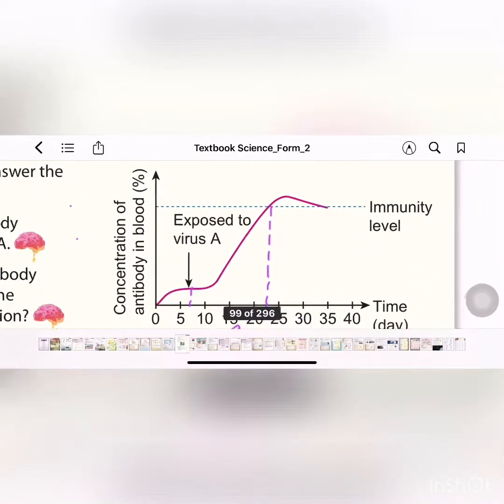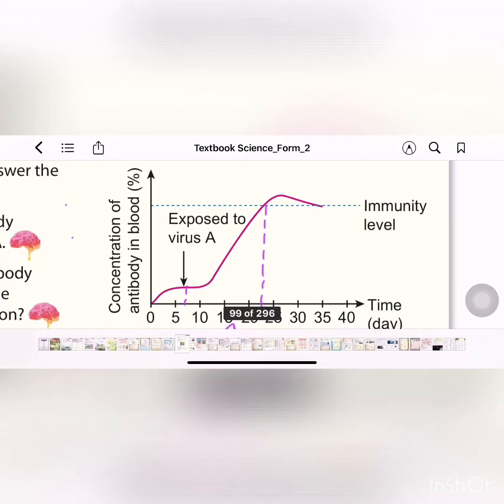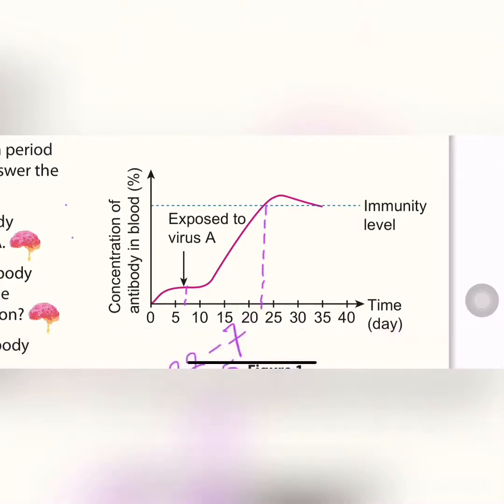So there's 40 days there. So the concentration of antibody, if you see from day 0, from the first day, the antibody is 0. After 5 days, 10 days, 15 until 25 days, the antibody increases.